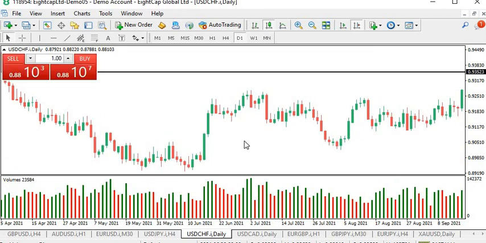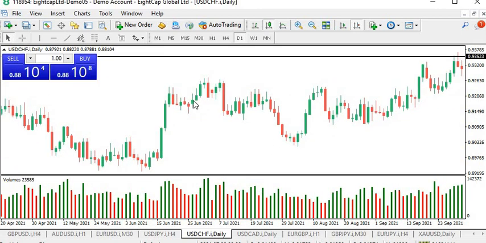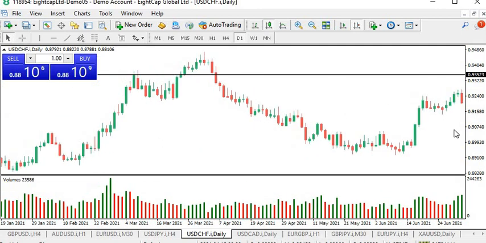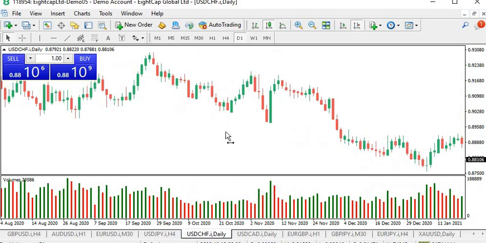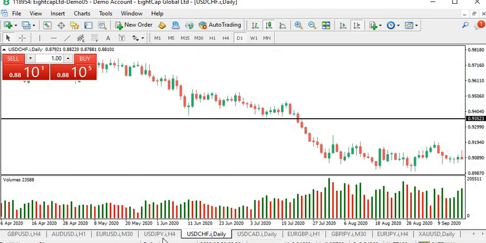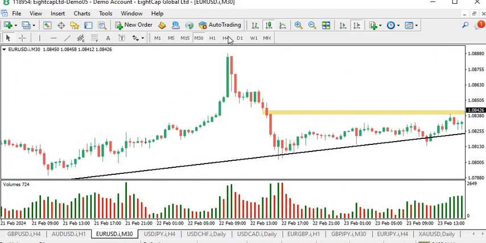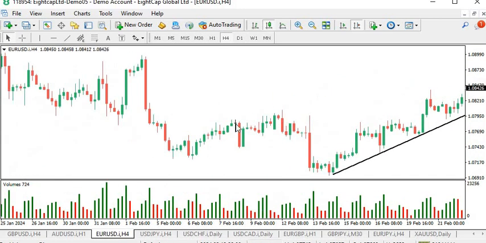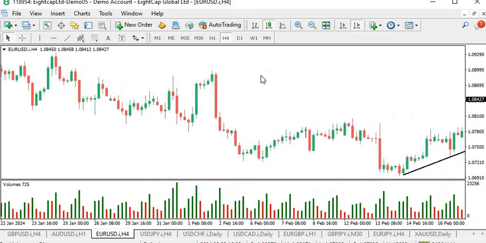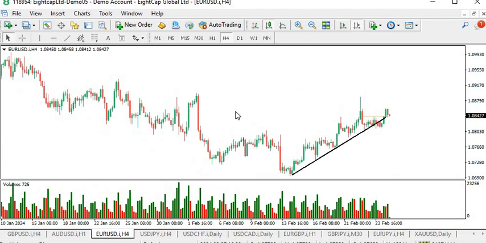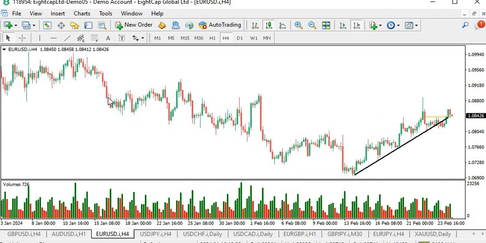Let me see if I can find any example of the downtrend. Let me see another. Let's try this and see if it gives us.